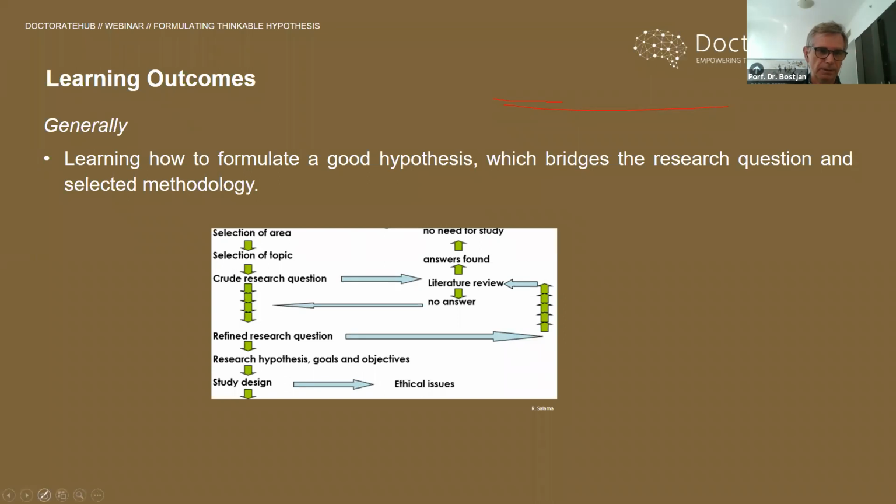If you see here, let me go with the laser pointer. You have probably done most of this part. You have selected the area, you have selected your research topic, you have probably defined your crude research questions. You have done some more reading of all the literature about your topic, and you have defined your research questions.